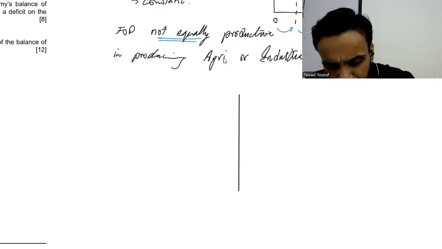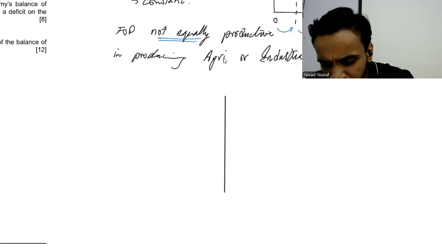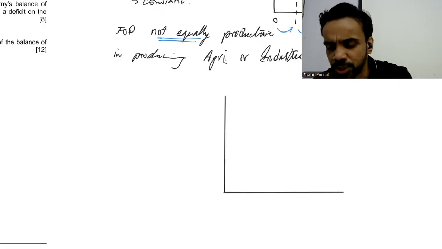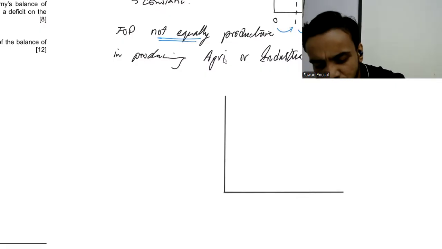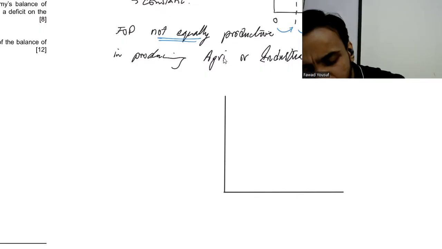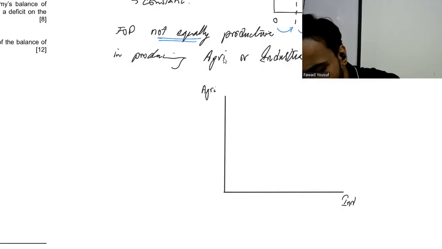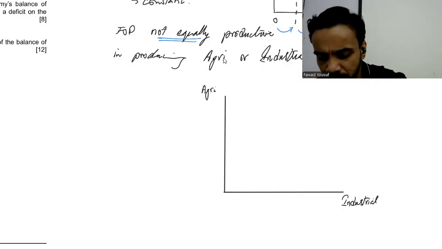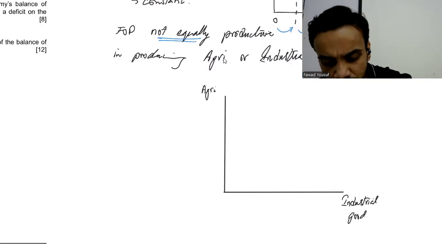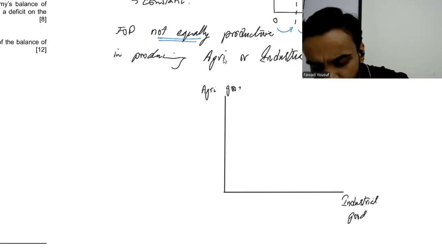The worst resource. Yeah, you tend to send the worst resource. You deploy the worst resource towards the other good. So, for example, taking our example here, where we have to send people from agriculture to industrial, imagine our explanation. I must write agri good and this good.